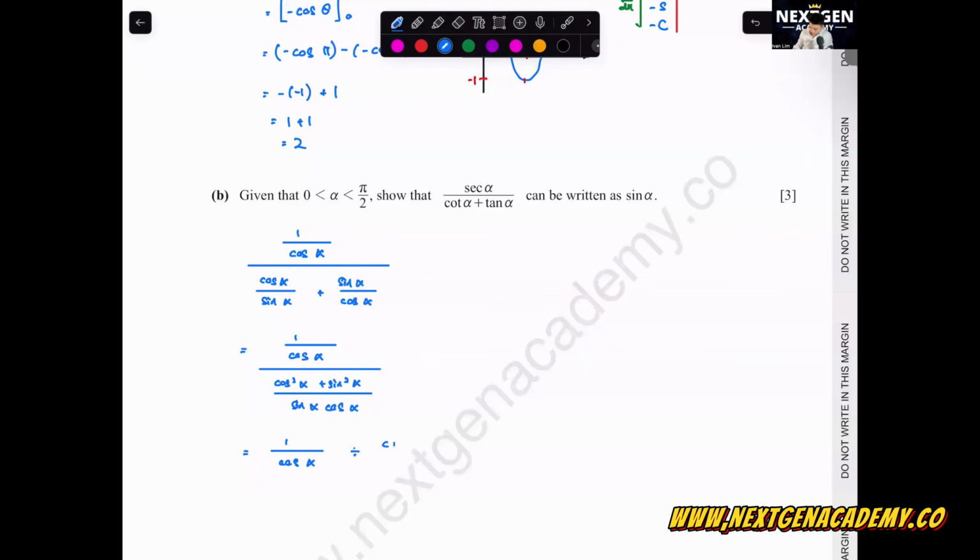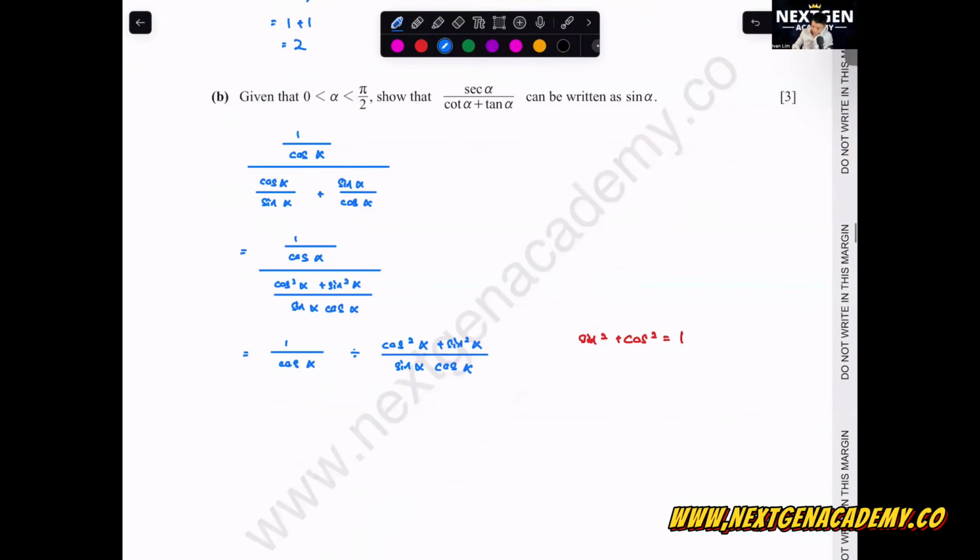What's sine squared plus cos squared? This is your identity: sine squared plus cos squared equals 1. So you can write 1 over cos alpha divided by 1 over sine alpha cos alpha.